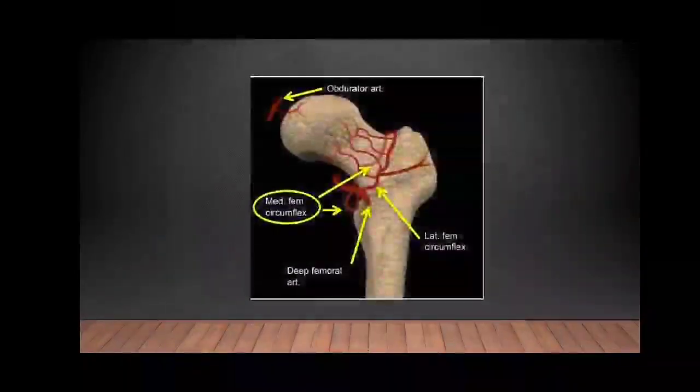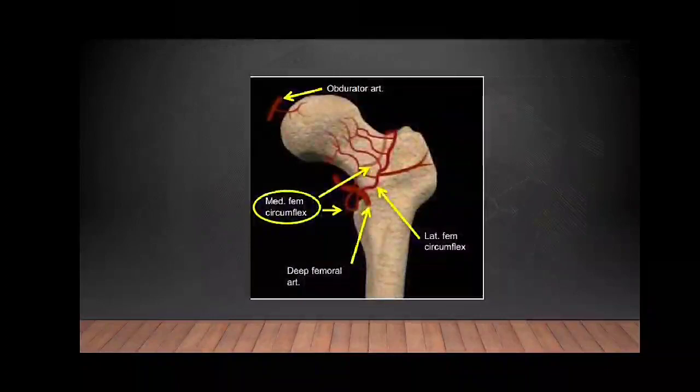As you can see here, there is an extracapsular ring near the intertrochanteric line coming from the deep femoral artery, or profunda femoris vessels. The medial circumflex and lateral circumflex form an arterial ring which gives perpendicular retinacular branches in the neck.